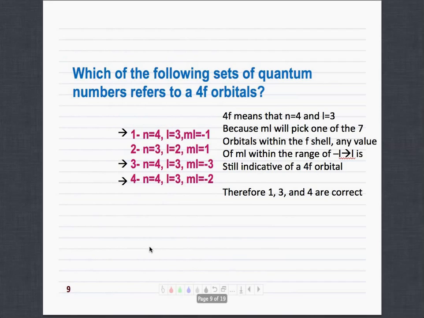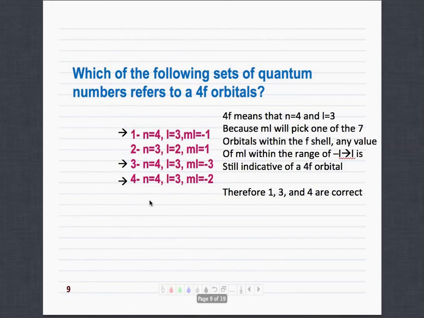The second one, n equals 3, does not represent 4f because it doesn't represent the shell in which 4f is. n equals 4, that's definitely L equals 3, that represents the F. ML equals -3 complies with the quantum rule that ML should be any value from -L to 0 to +L.